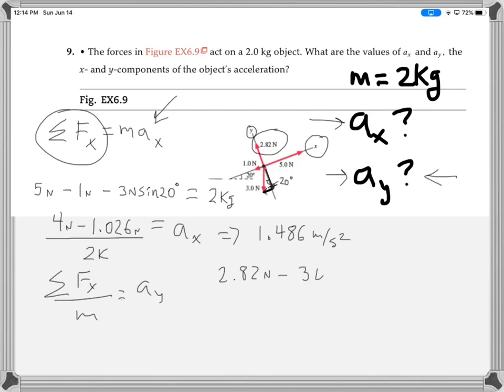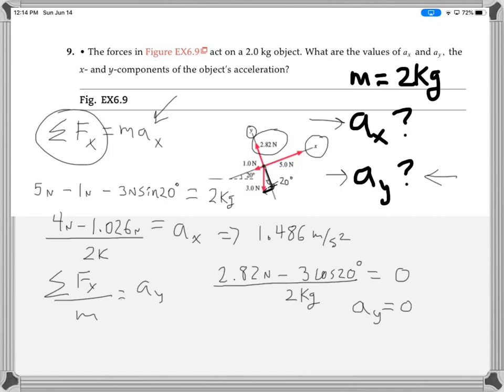We have the component of the 3 Newton force pointing in the negative y, so that will be 3 times the cosine of 20, and we're going to divide by the 2 kilogram mass to get the acceleration. Turns out that when you put those numbers in your calculator, you're going to get 0 or something very close to 0, 0.0000 something. So basically the acceleration in the y direction is 0.